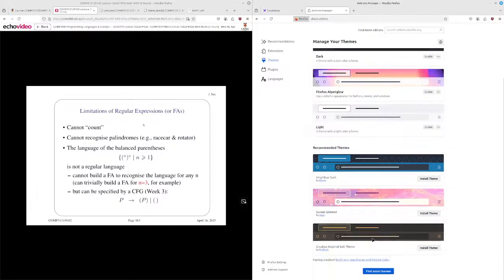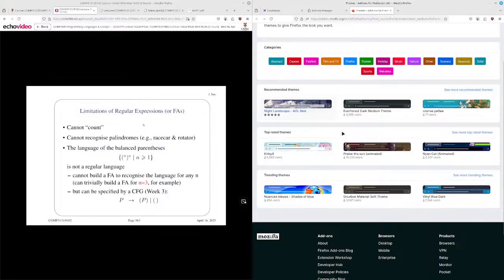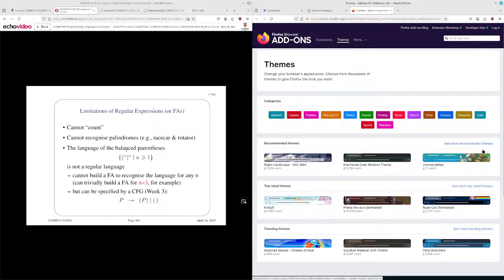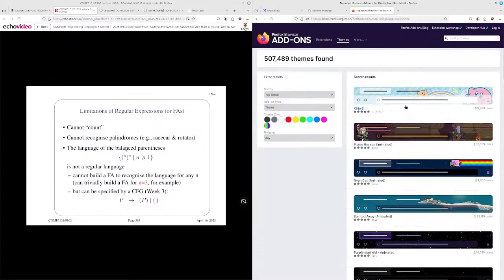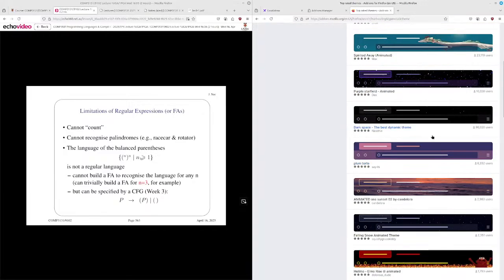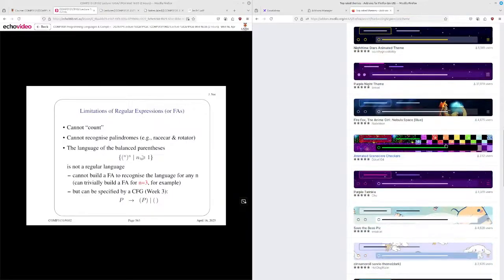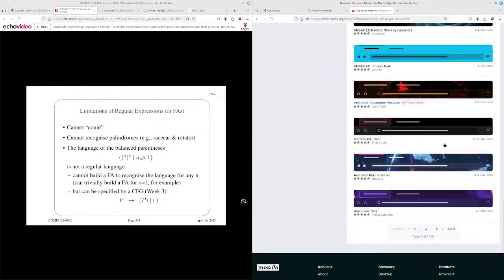Remember I said that regular expressions are limited because regular expressions cannot count. That means you cannot write a regular expression to define the set of balanced parentheses. Here n approaches infinity. That means you can never construct a finite state machine to recognize infinitely many balanced parentheses.